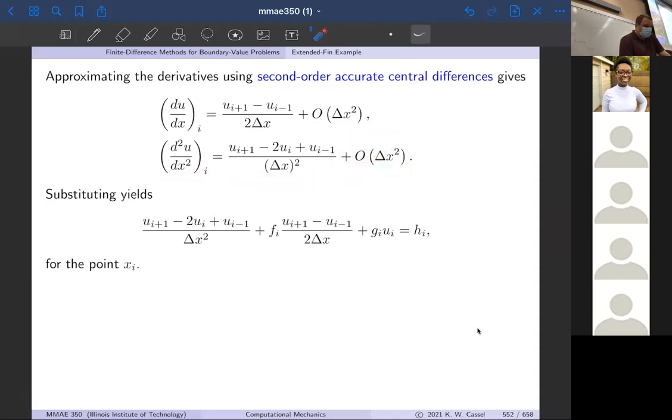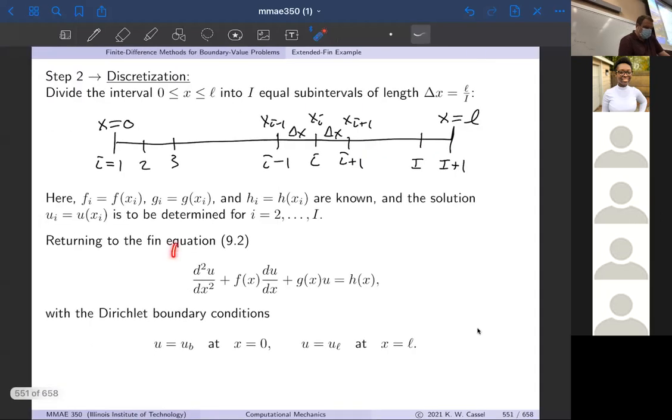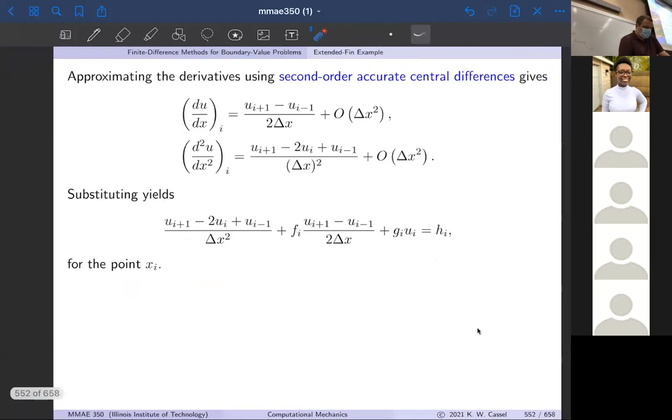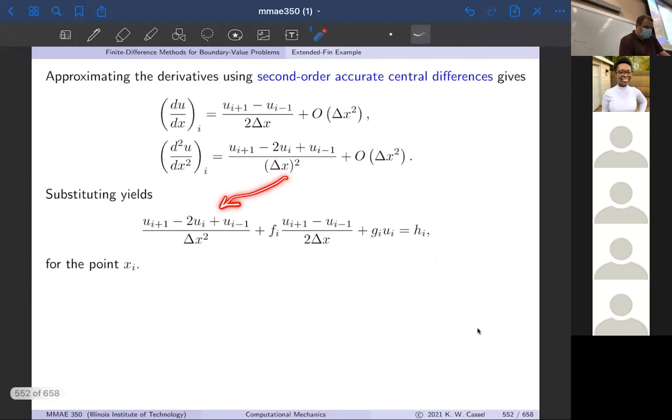Great. So all I'm going to do is replace the first derivative with this and the second derivative with this in our governing equation right here. The second derivative is right here: u i plus 1 minus 2 u i plus u i minus 1. You'll see this so many times, it'll become ingrained in your brain and you'll never be the same again.